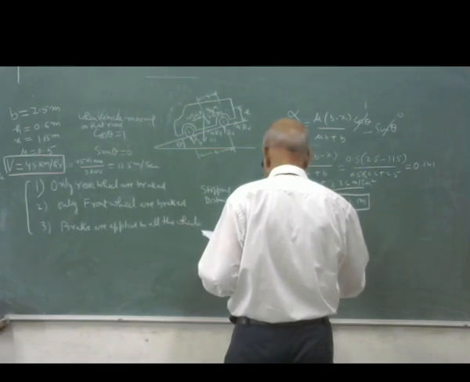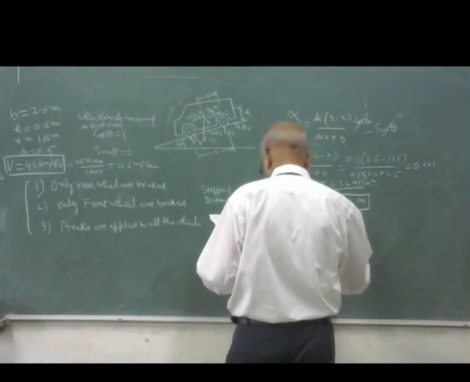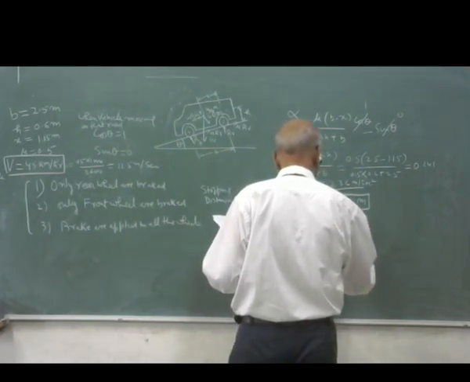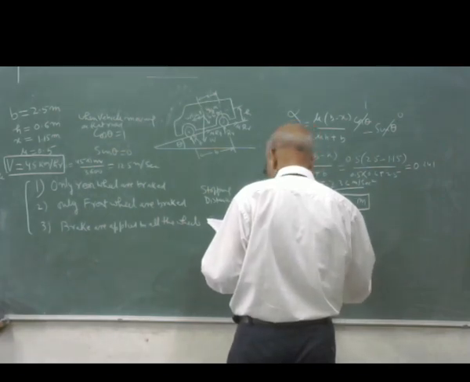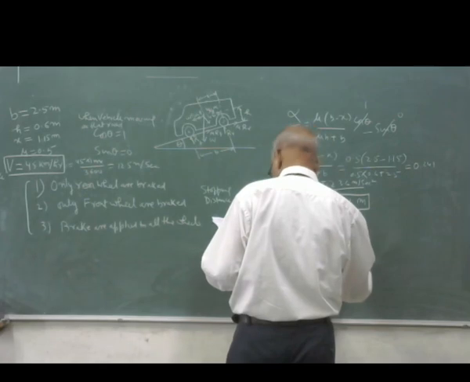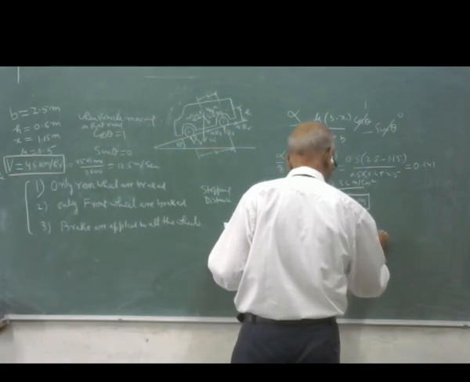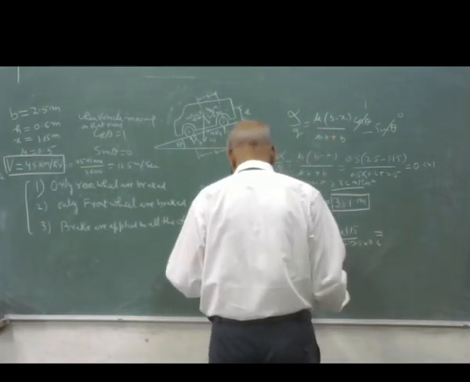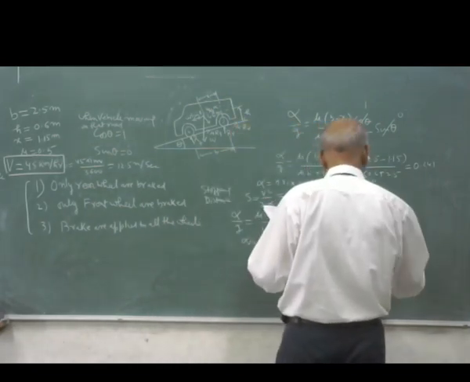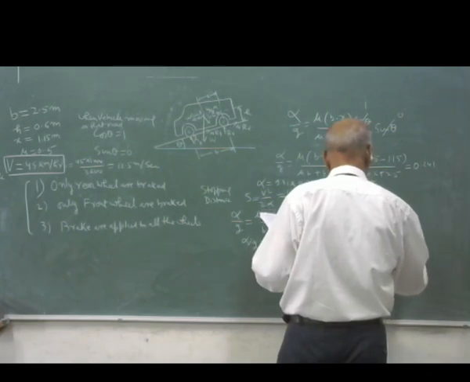Mu value is 0.5, into x, which is given as 1.15, divided by 2.5, b minus 0.5 into h 0.6, and that will give the value 0.261.